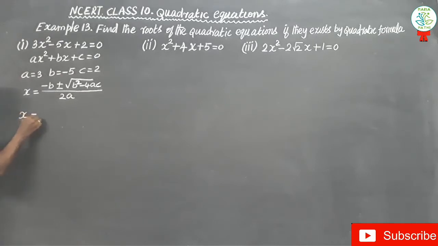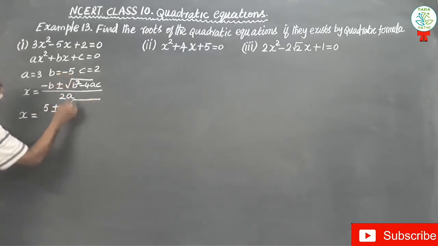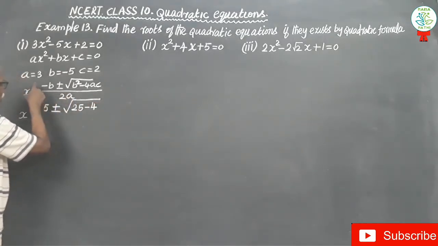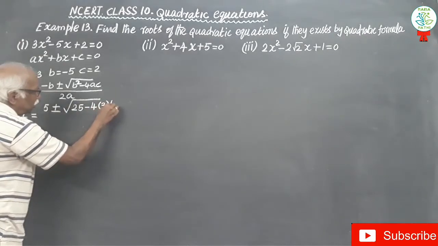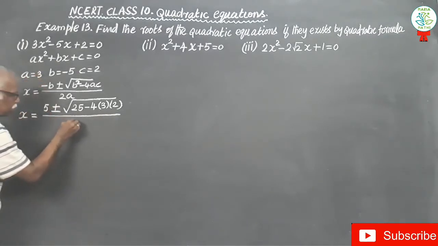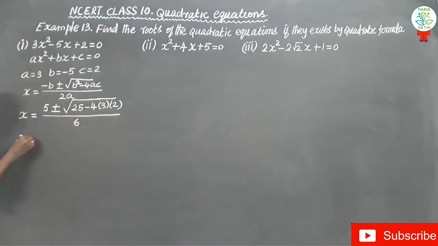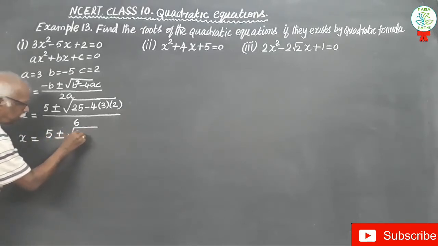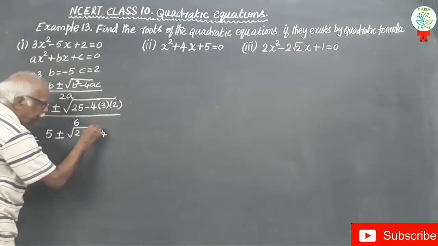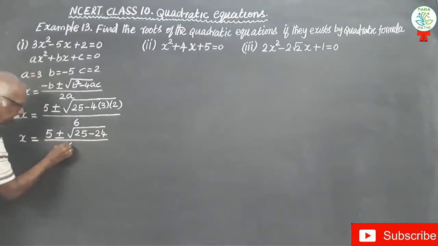So x is equal to 5 plus or minus square root of 25 minus 4 into 3 into 2, which is 24, by 6.